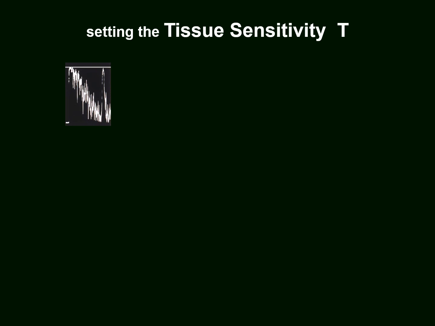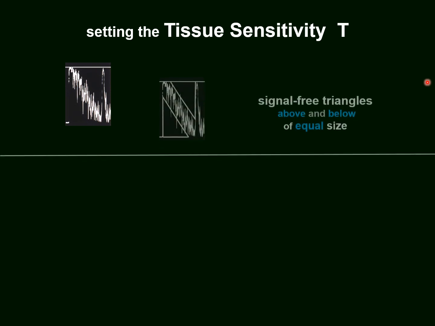How is that done? We see here the echogram of the tissue model by Thiel at medium spike height. So the instrument was set at a gain that these spikes had medium height, and we recognize this, that the echo-free triangle above and the echo-free triangle below are of equal size.